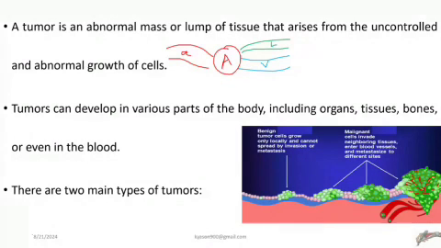So this is how these tumor cells are going to spread. They are going to spread either through blood, specifically through the veins, or through the lymphatic system.